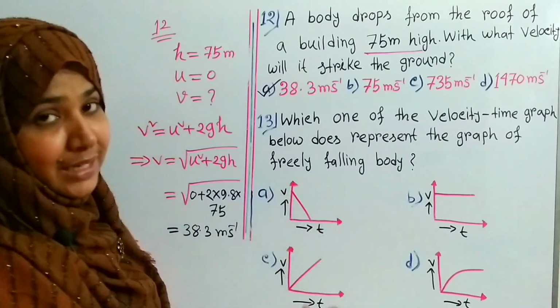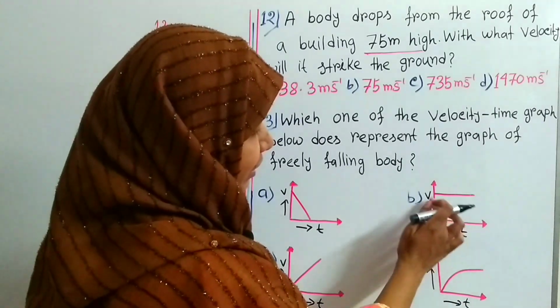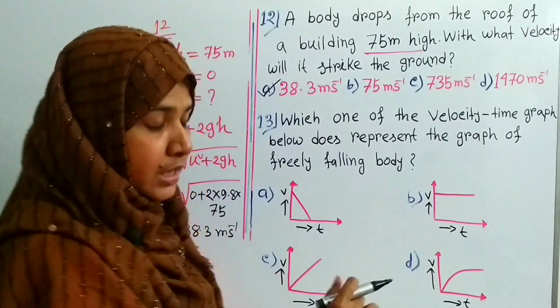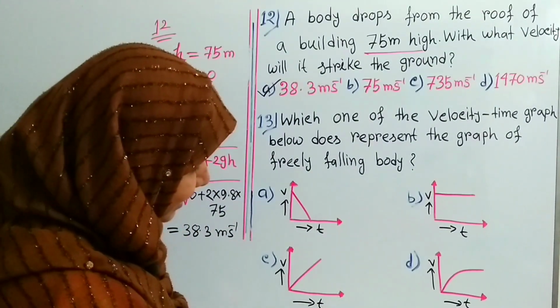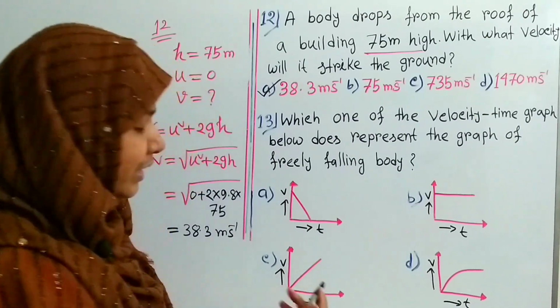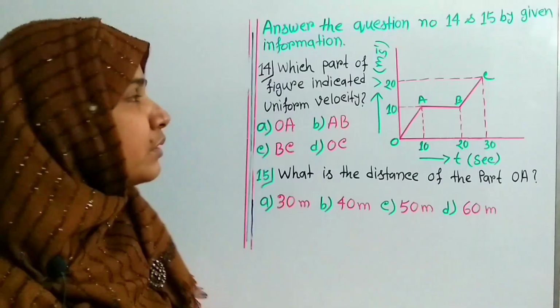This line indicates that the velocity is decreasing. In option B, with the time the velocity of the object is constant. And in option C, you can see that with the increasing time the velocity is also increasing. So we can say that this option is the right one.